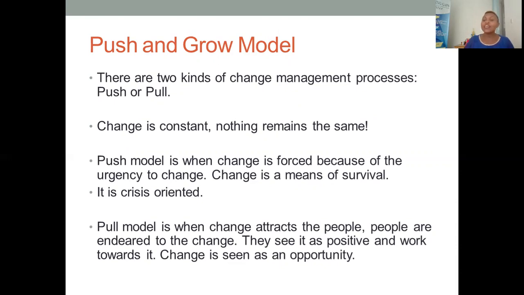Now, the push model is when change is forced, and it's forced because of some urgency. Change is a means of survival, and it is crisis-oriented. The push model is where change comes from the top management coming down. In this case, change is forced because people are not willing to change, or because of some constraints within an organization.